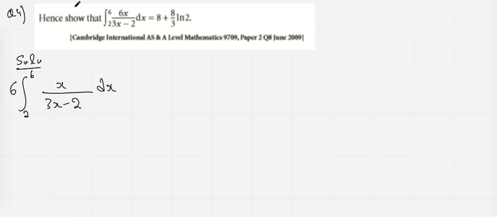So what I do, I assume that 3x minus 2 is equal to u. I just differentiate both sides, a little directly. So du by dx is equal to the derivative of this, which is 3. So I come to know that dx is going to be 1 upon 3 du.